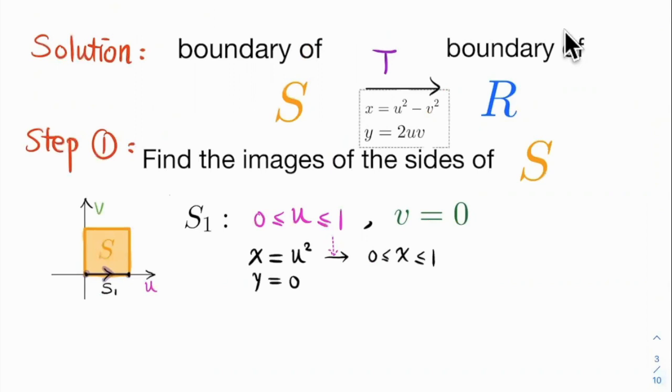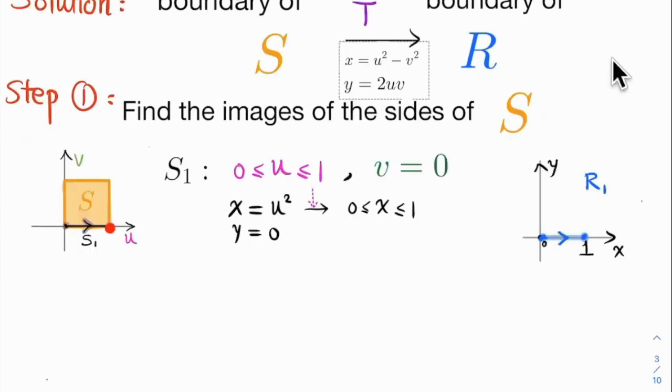Now, because u goes from 0 to 1, x equal to u squared, x will be greater than or equal to 0 and less than or equal to 1. So this side of S, let's call this S1, is going to be mapped to this nice segment where x is greater than or equal to 0, less than or equal to 1, and y equal to 0. And let's call this R1.